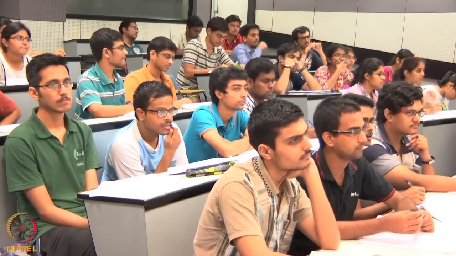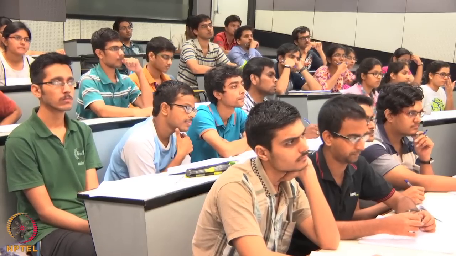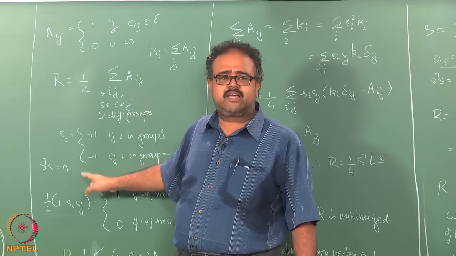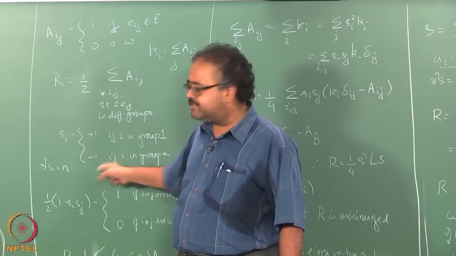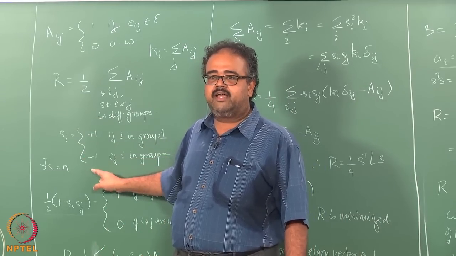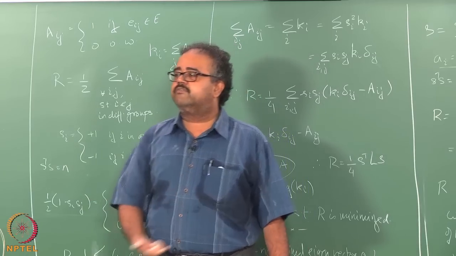Restricted to plus or minus 1. Exactly. S is already restricted, S can have only either plus or minus 1 entries. So I can't really choose S arbitrarily to lie in the direction of V2. I have to look at this space of plus or minus 1s and figure out which is the closest to V2.